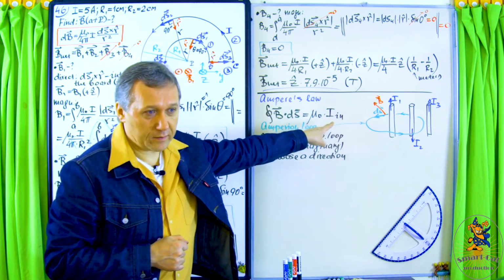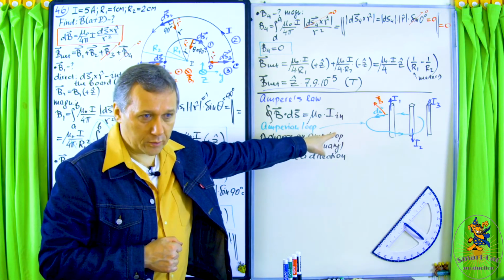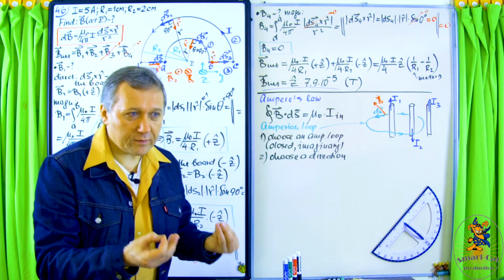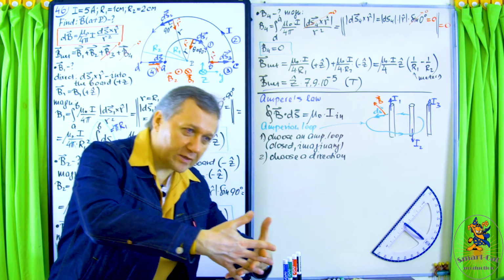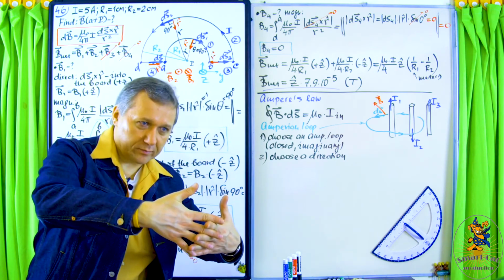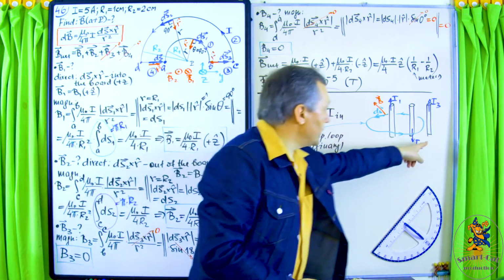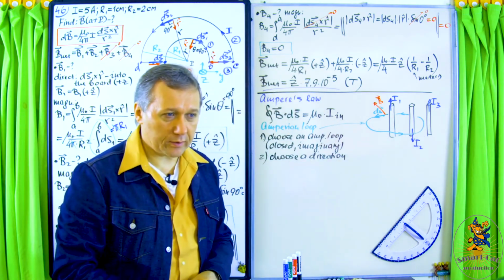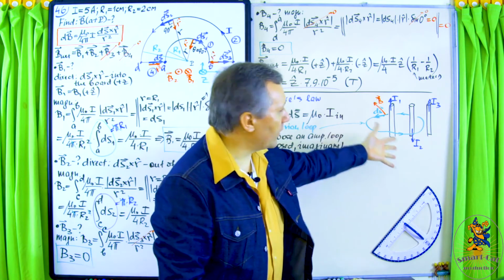So that's what we have on the left-hand side. Now, the right-hand side, current enclosed. Basically, it's a total amount of current physically embraced by your Amperian loop. In this case, I3 is outside. We're not counting it towards total enclosed current. In this case, we have I1 and I2.